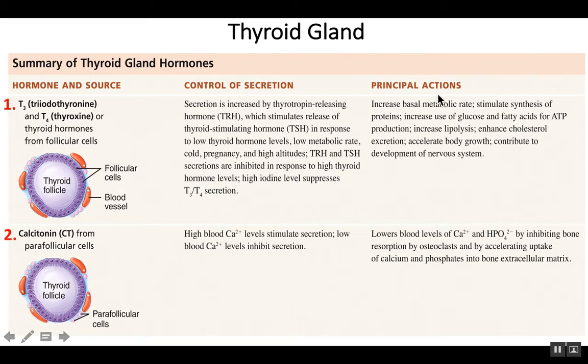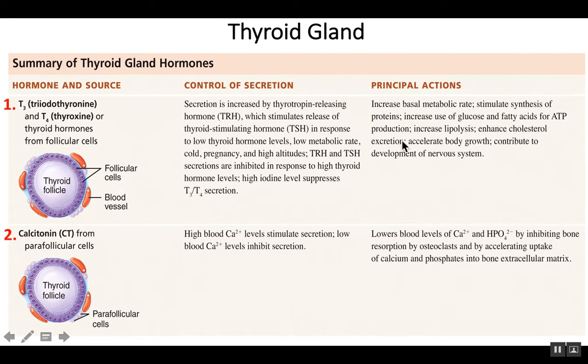In order to boost basal metabolic rate, these hormones help stimulate the synthesis of proteins, like enzymes. They increase the use of glucose and fatty acids for energy production, ATP synthesis. They increase the breakdown of fat for the release of the fatty acids for energy.